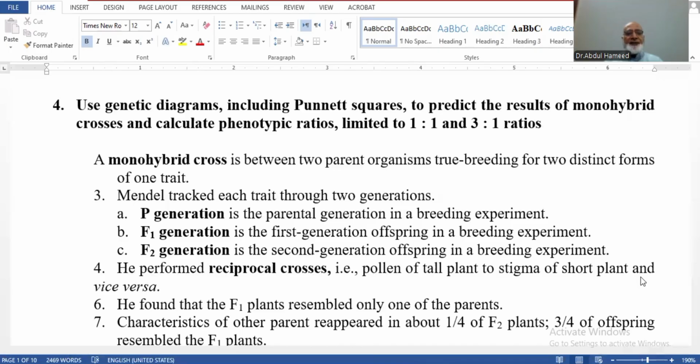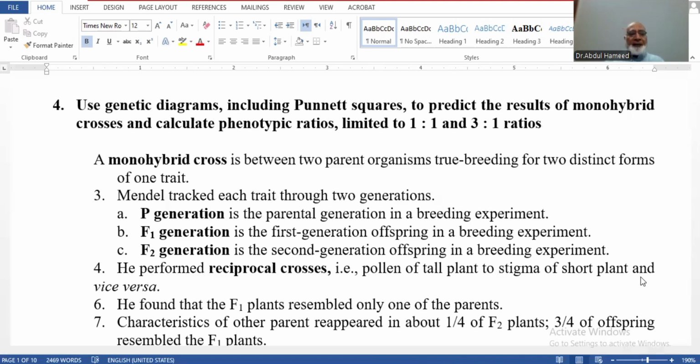F2 generation is the second generation of offsprings in the breeding experiments, in which there is selfing of F1 into F1. That is, the individuals of F1 generation, which is hybrid, show selfing between them. There will be a cross between them to get F2 generation.